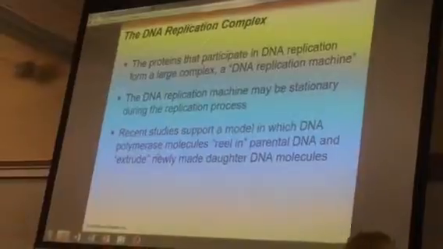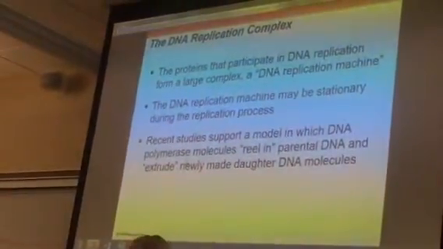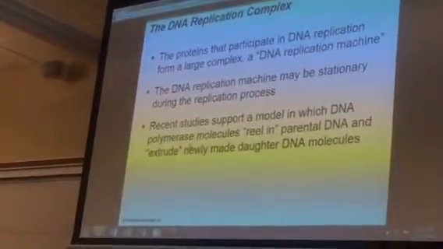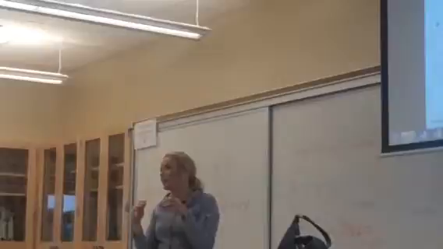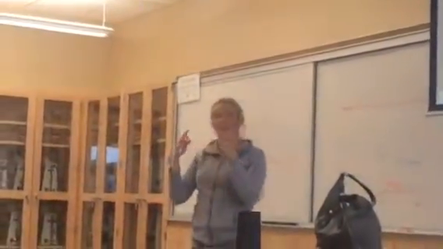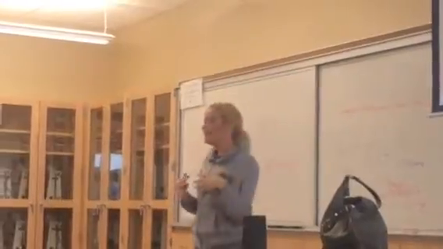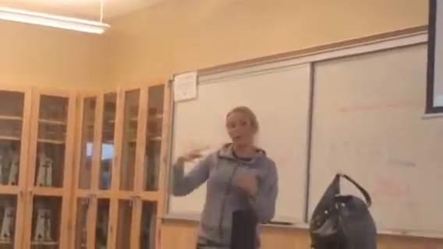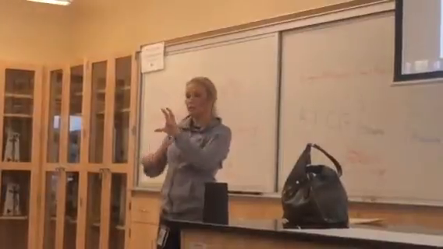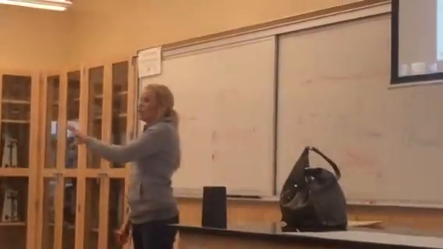This is just a little note about how this happens. These are all proteins that are interconnected with each other. Remember how we talked about proteins having domains when we talked about our bioinformatics lab? Some of these domains help connect these proteins together, and they make what's called a DNA replication machine. They all work together in concert. At first they didn't know if the replication machine is stationary and pulling the DNA through, or if the replication machinery is moving along a strand of DNA.